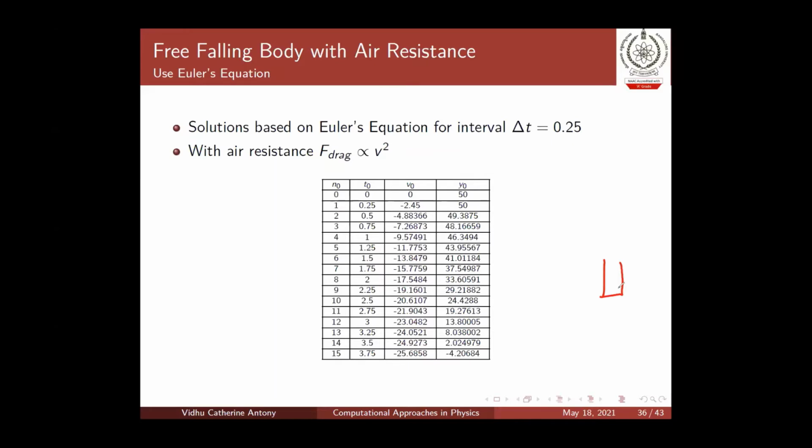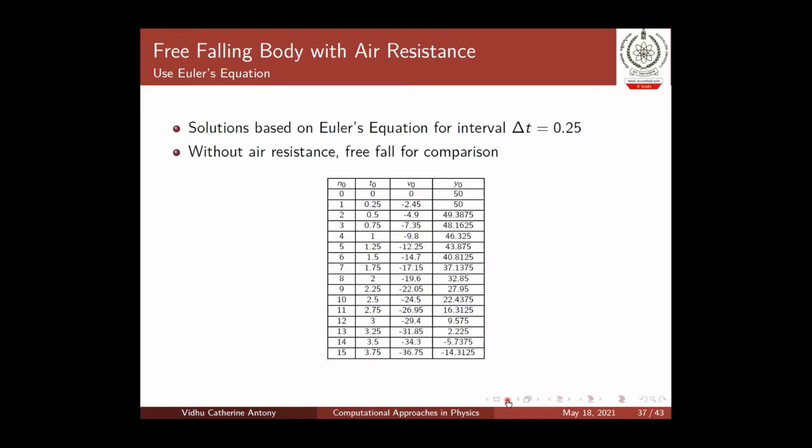Okay. So what do you have here? If the drag force is proportional to v square, okay, this is along with your air resistance. How does it look? Your height decreases. The velocity will reach a particular terminal velocity. Okay. And then what we can do is compare it with free fall.